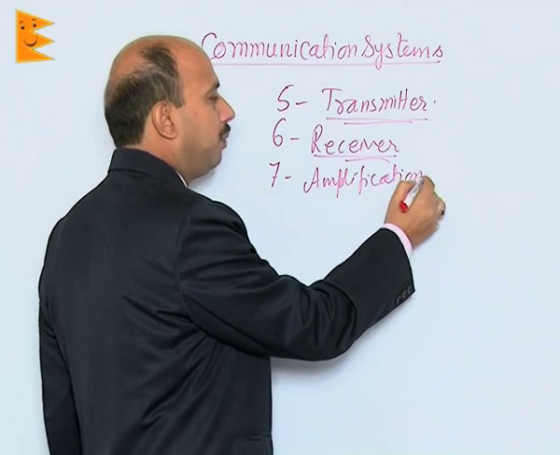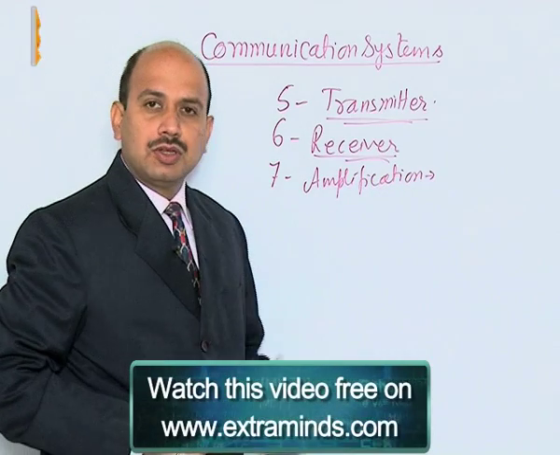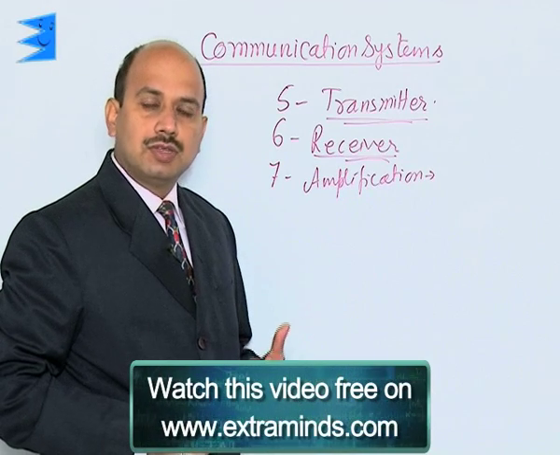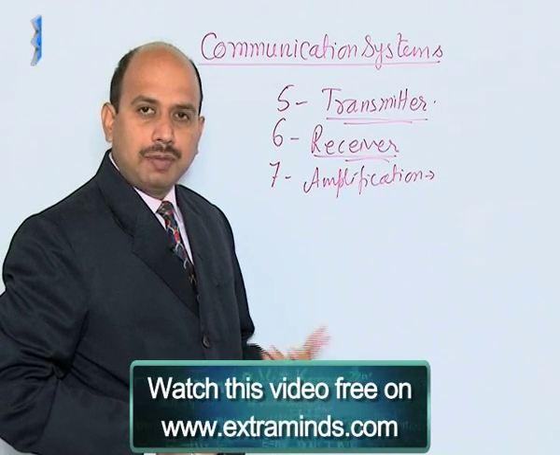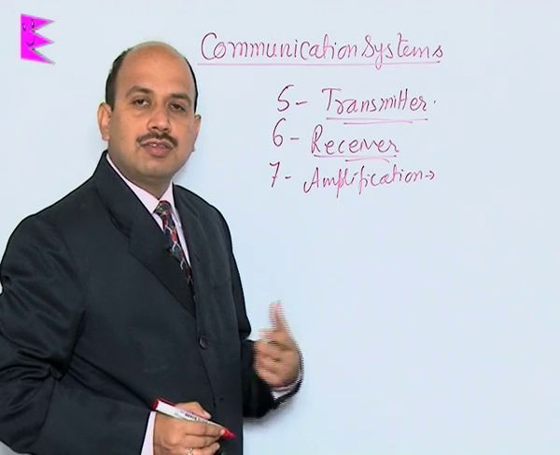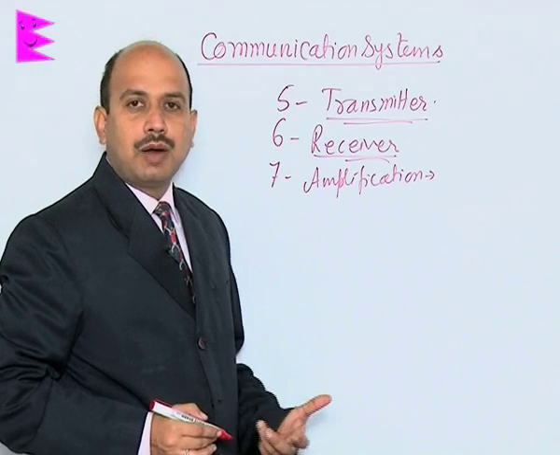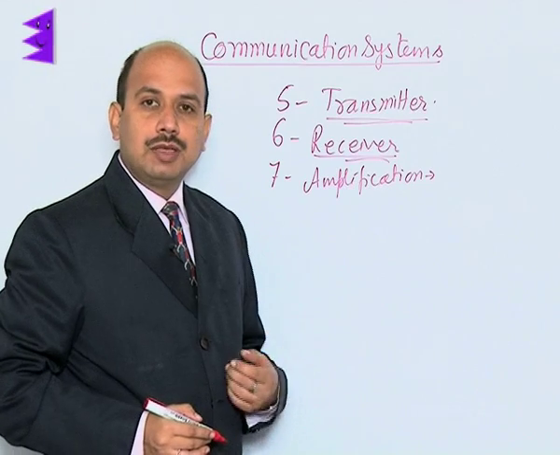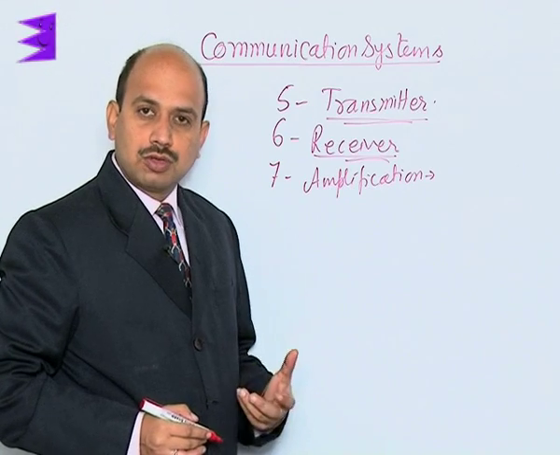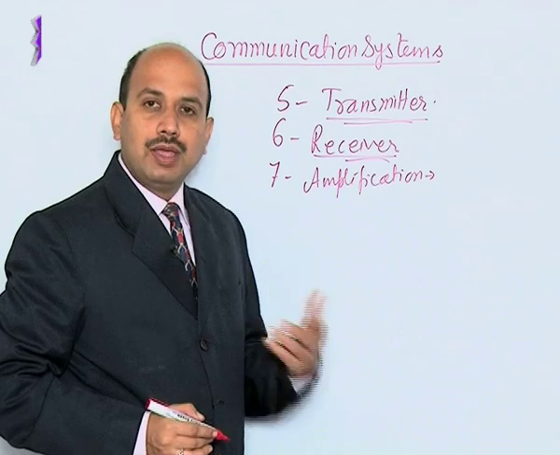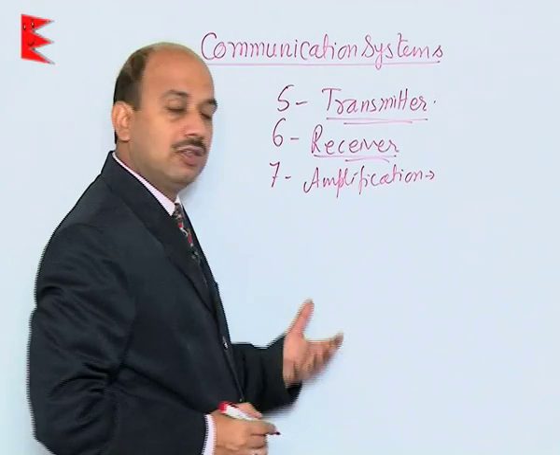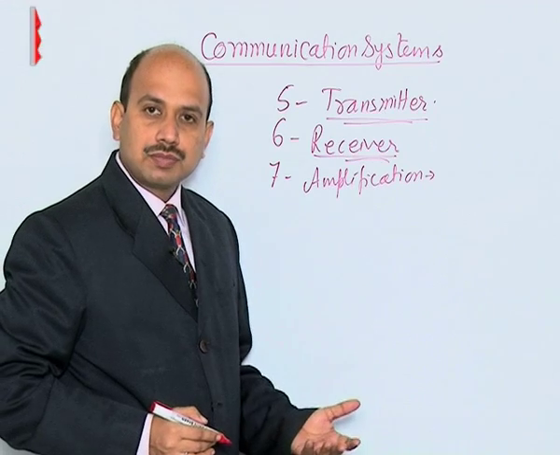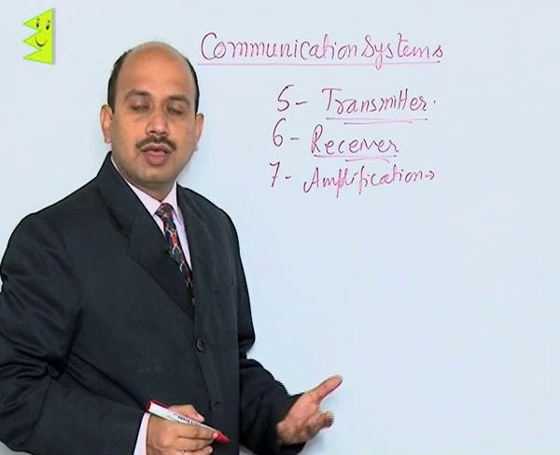We have seen in the previous chapter that amplification is the process in which the amplitude of the signal is increased. An amplifier is a device which increases the amplitude of the current, voltage or power. During transmission, if the strength of the signal is lost, or the signal becomes weak, then by using an additional DC source, that loss in strength is compensated, and this process is known as amplification.